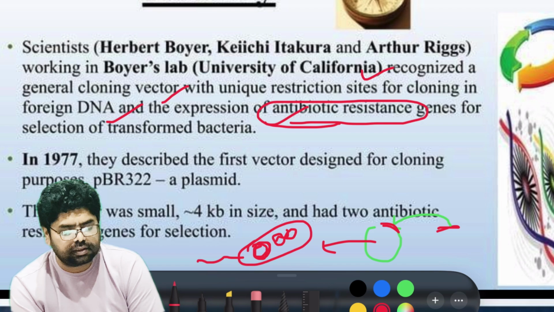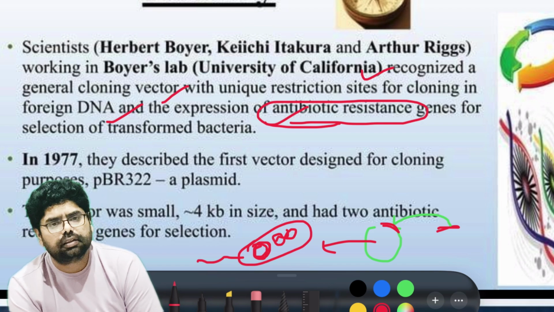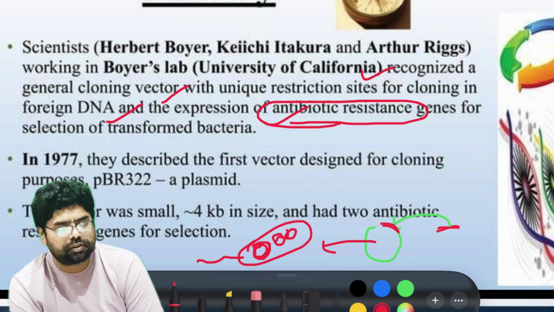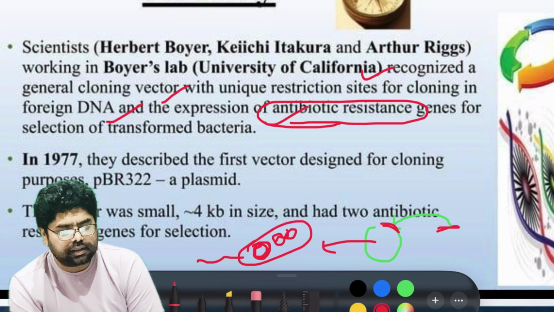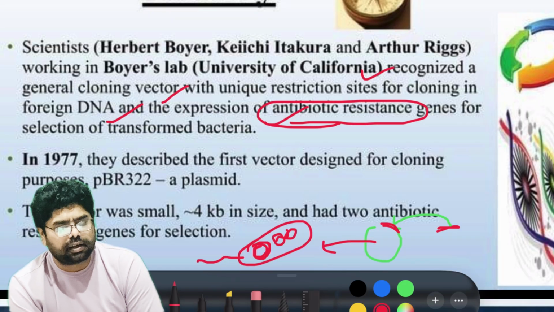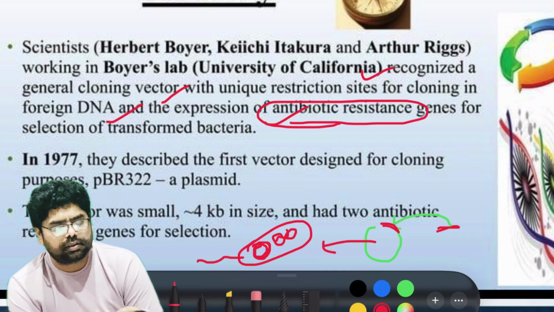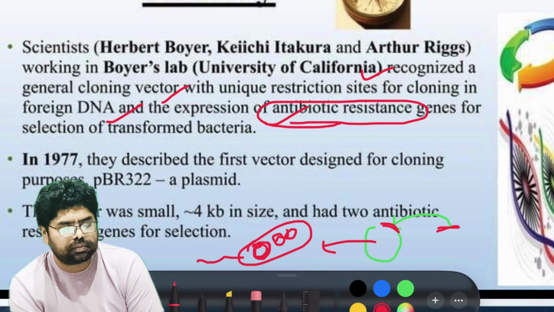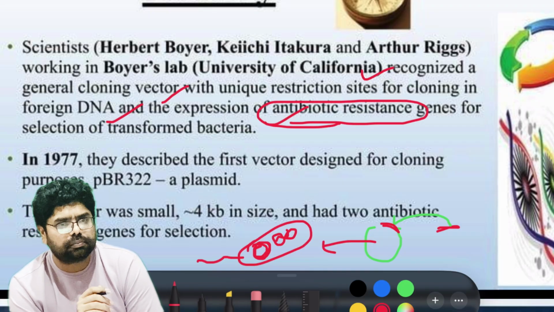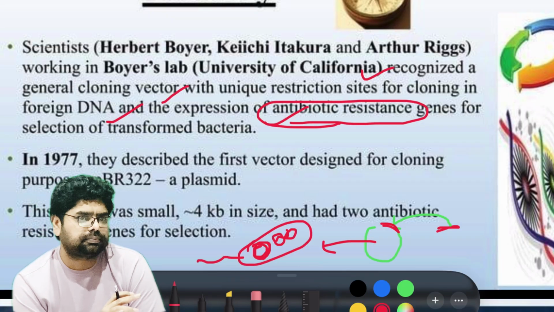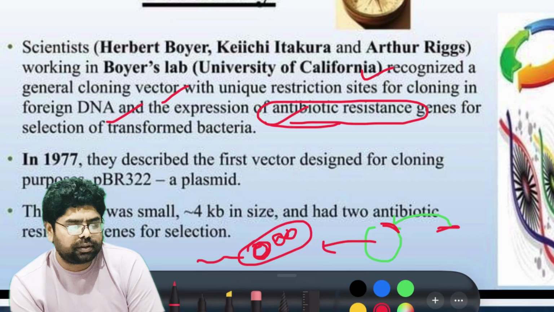This bacteria will take up your plasmid containing your gene of interest. And when you grow this bacteria, there will be a lot of host cells which do not contain your recombinant DNA. Recombinant DNA means your plasmid with the gene of interest.